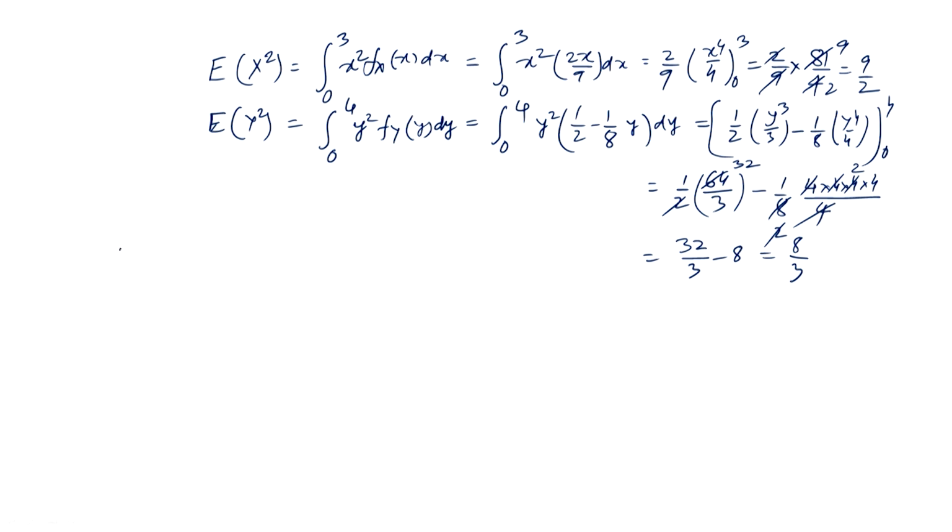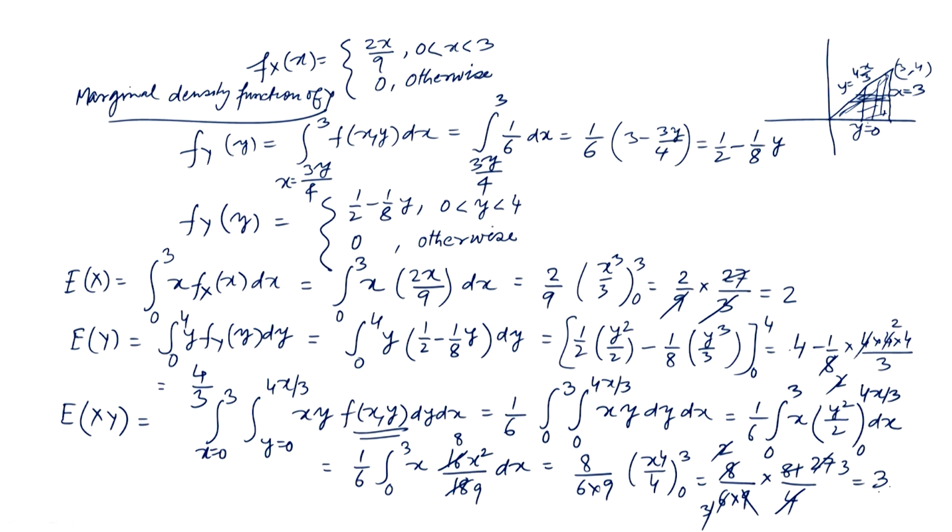And so, rho xy is equal to E[xy] minus E[x] into E[y], which is the covariance of x y, divided by sigma x, sigma y. So, we found E[xy] equal to 3. And E[x] equal to 2, E[y] equal to 4 by 3.